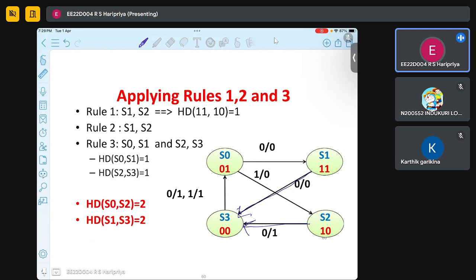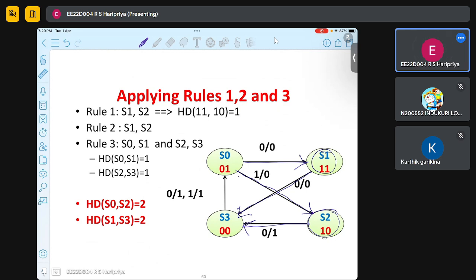So these two are adjacent. So we want Hamming distance 1. Next, rule 2. This state S0 is going to S1 and S2. So again, these two should be adjacent.